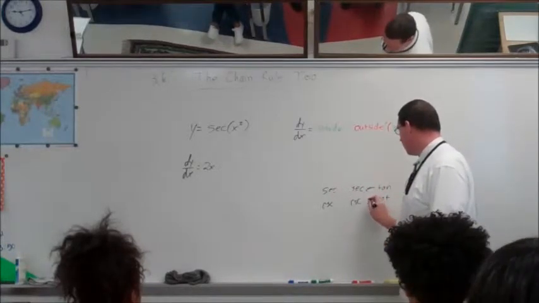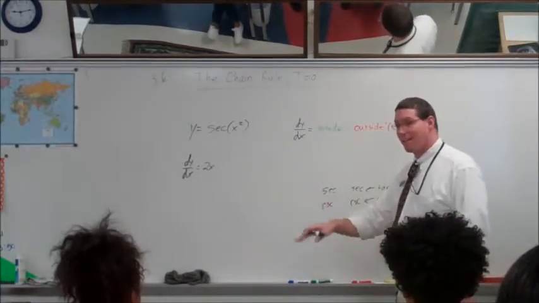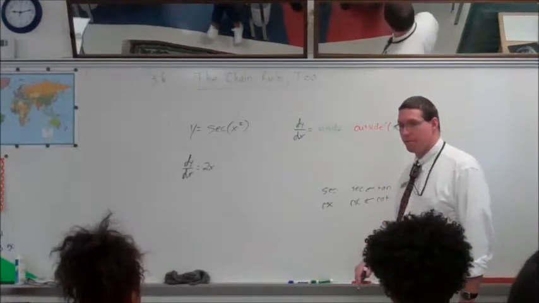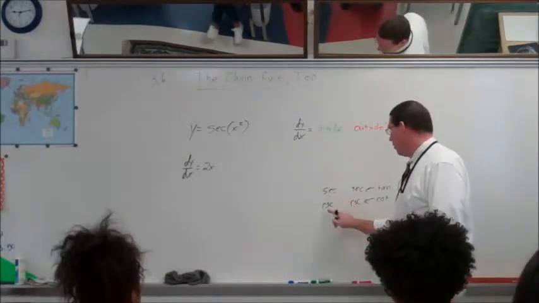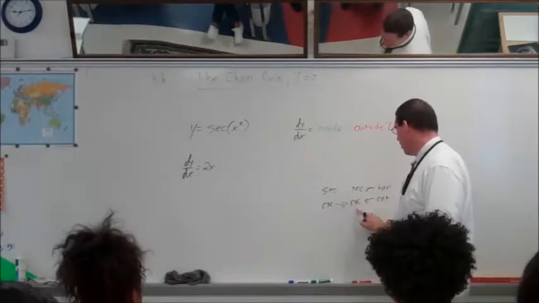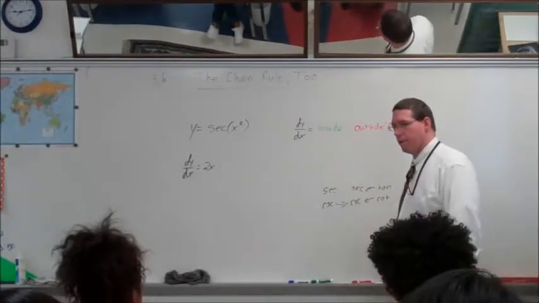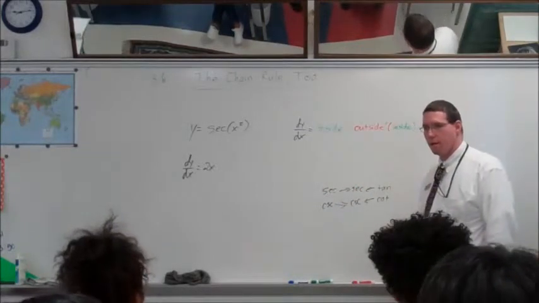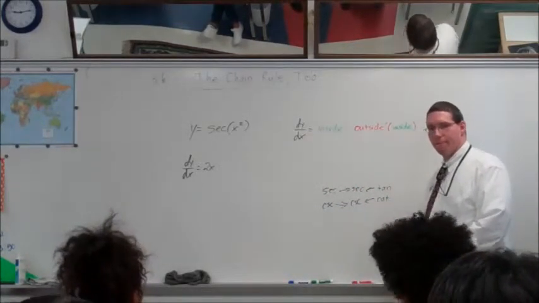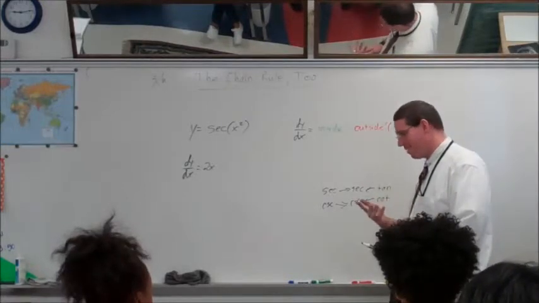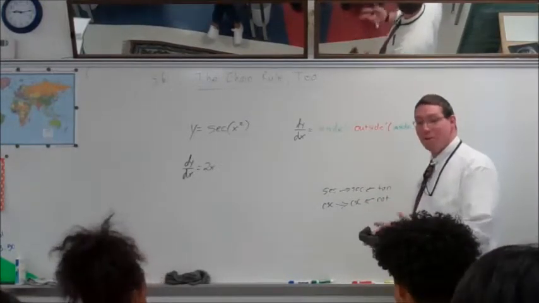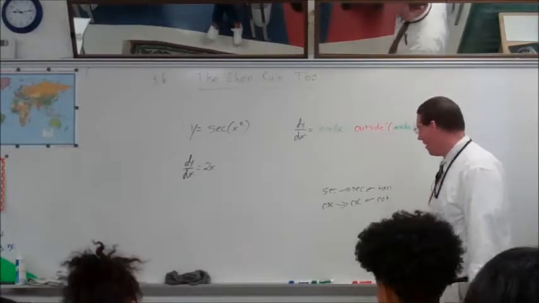Derivative of cotangent, cosecant, except it has to be negative because all cofunctions have negative derivatives. Derivative of cosecant, cosecant cotangent, but it's negative. Derivative of secant, secant tangent. I don't get it still. It's all right. Just memorize it.